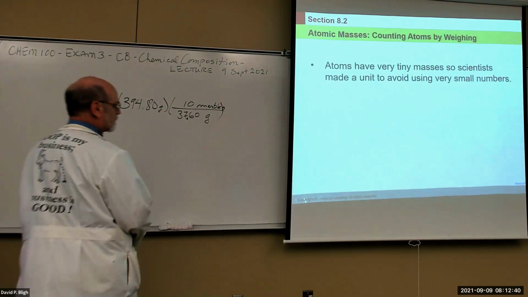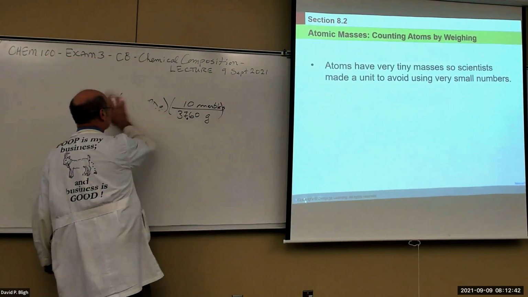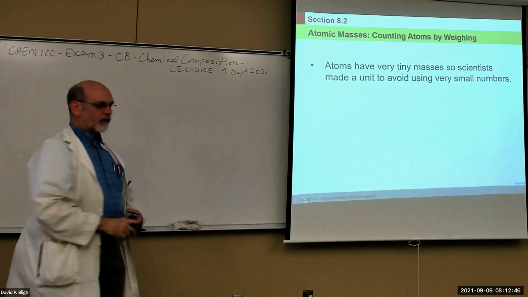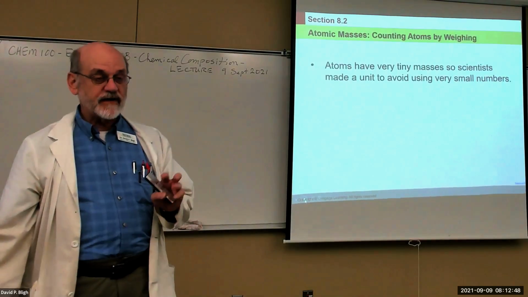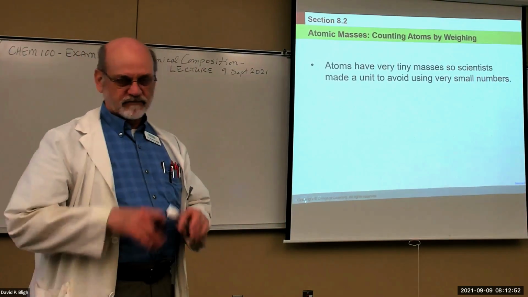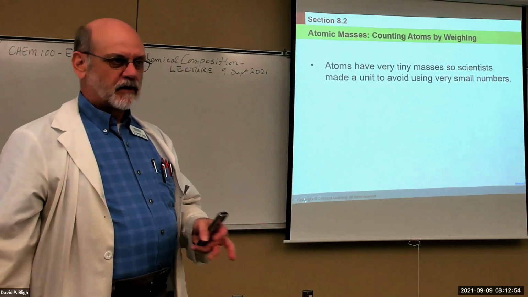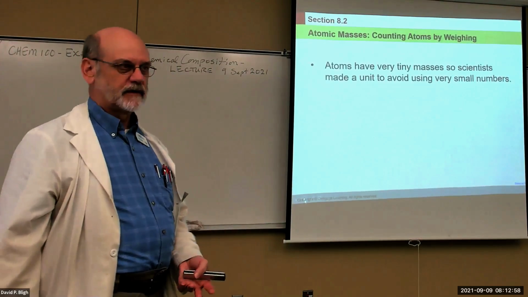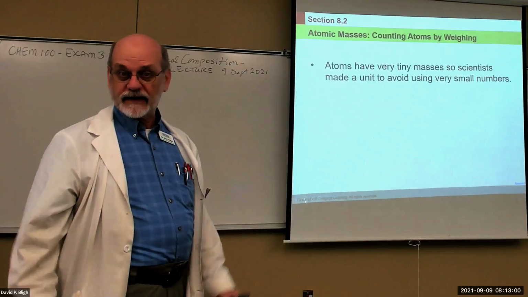Now, how about atoms? Well, we know that atoms are very, very small. A little weight each. We don't have balances sensitive enough to weigh one atom. At least, I don't have any.